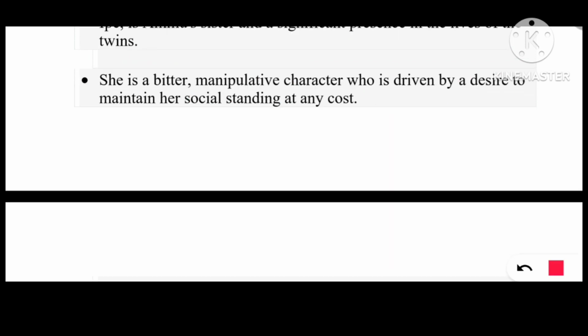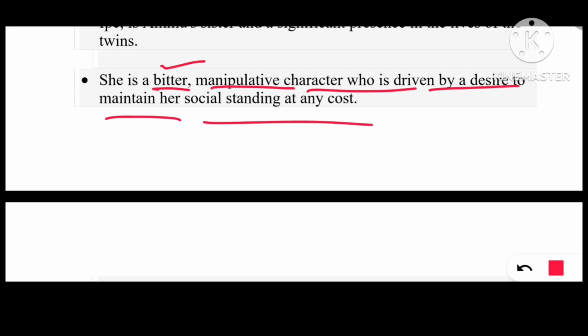We find her to be very bitter. Okay, she is not with sugar coated words. A manipulative character who is driven by a desire to maintain her social standing at any cost.